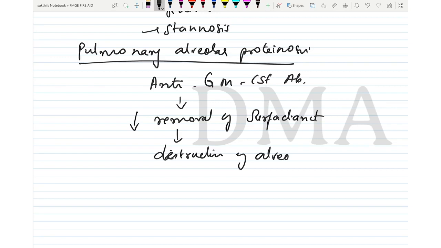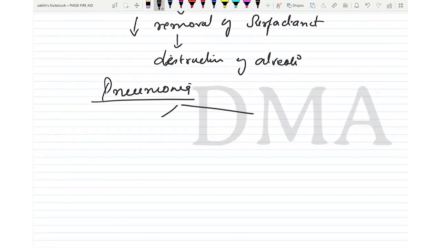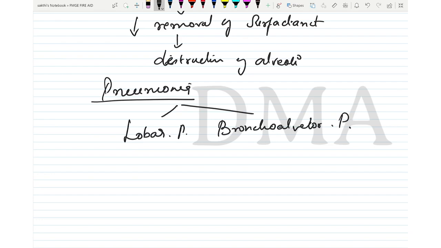The commonest cause, sorry, it's not Staphylococcus aureus, it is Streptococcus pneumoniae. It is the commonest cause of community acquired pneumonia, followed by H. influenzae. The commonest cause of nosocomial pneumonia is Pseudomonas aeruginosa.